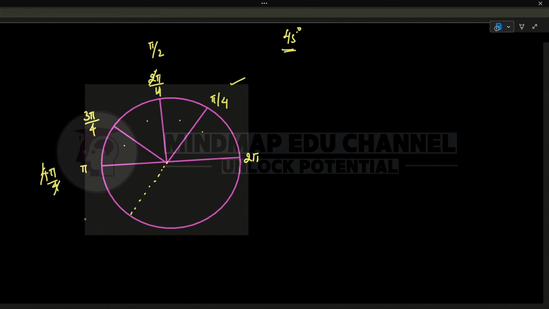Now next point will be 5 pi by 4 and here 6 pi by 4. So 3 pi by 2 and 7 pi by 4 and here 8 pi by 4 and we get 2 pi here. So these are the next points.